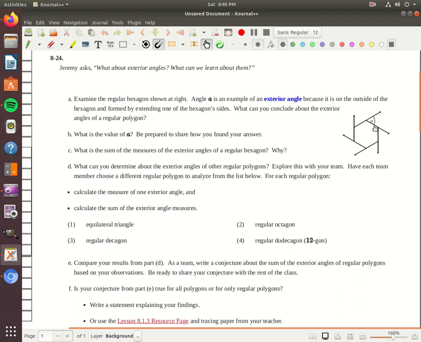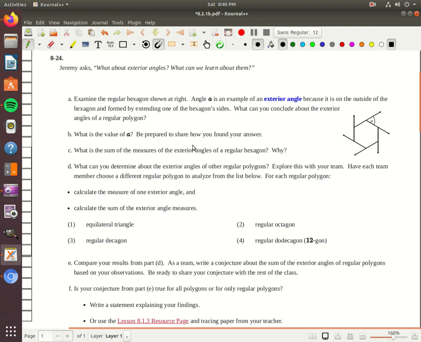Well, it sure looks like I have a supplementary relationship with the interior angle, right? So if I figure out what this is, let's say this was 100, well, that would be 80. Or let's say this was 120, that would be 60, because it certainly looks like I have that supplementary relationship, the fact that they add up to 180. So that's what I would say there.